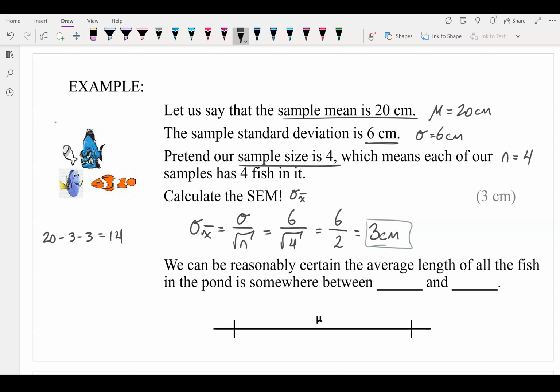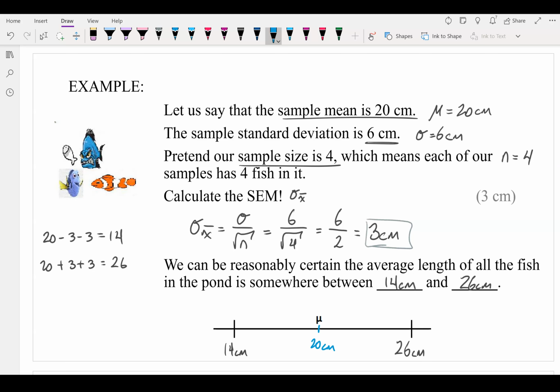That's 14. 2 standard deviations above, or 2 standard errors above, it kind of means the same thing once you've done it. 26. So even though we're dealing with a sample, we can be pretty sure that the average length of the fish in the entire pond is between those 2 points. So you've got 14 centimeters on that boundary, you've got 26 centimeters on that boundary, and the mean itself is 20 centimeters.